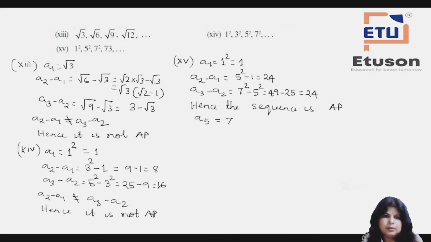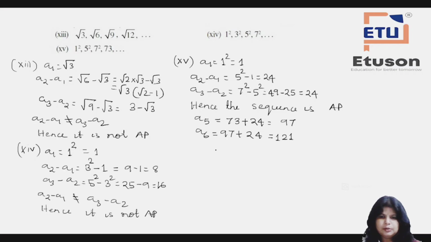So your A5 will be 73 plus 24, that is 97. A6 will be 97 plus 24, that is 121, and A7 will be 121 plus 24, that is 145.